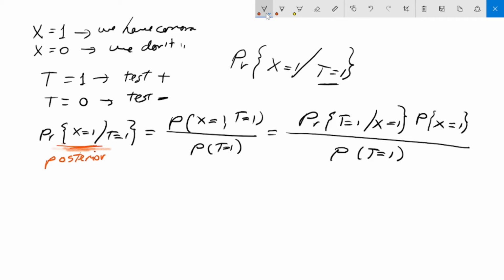This probability here is the likelihood. And this probability I am highlighting here is what is called the prior probability, or in other words, it has another name: the belief.